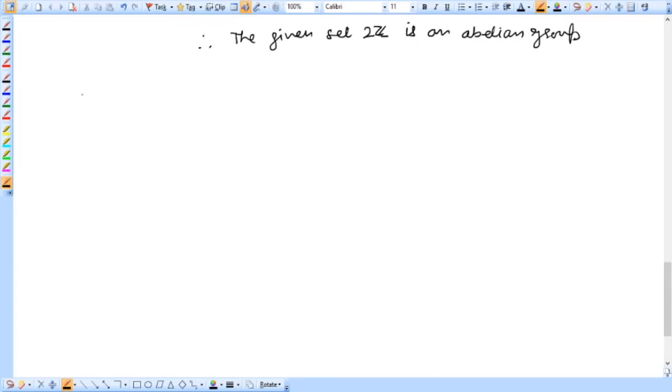Now third problem. In the third problem we haven't been given simple multiplication, but the operation has been defined in the problem, right?